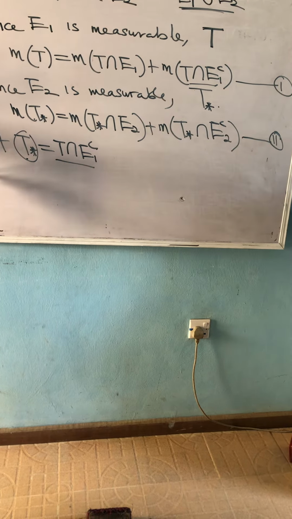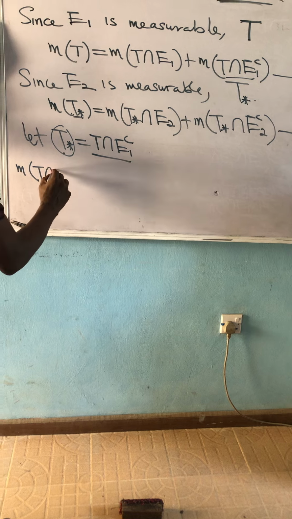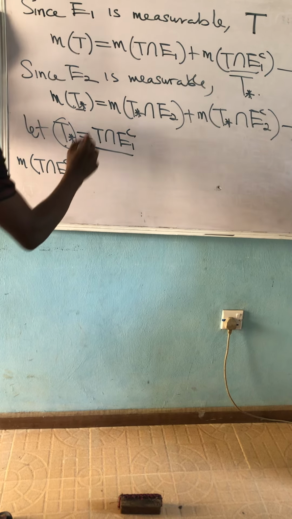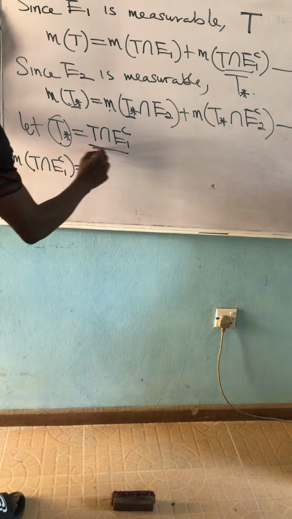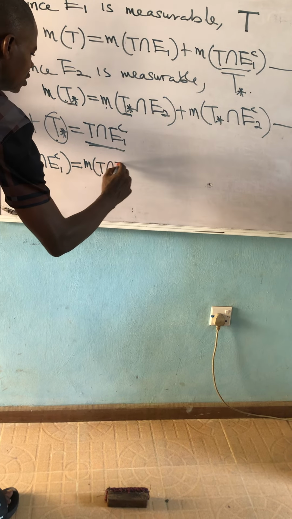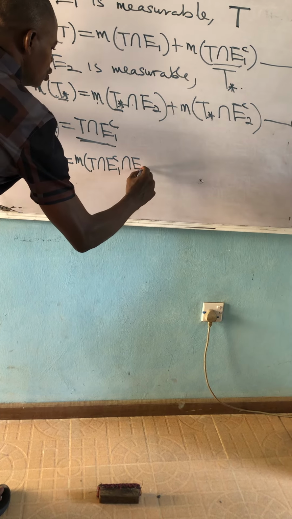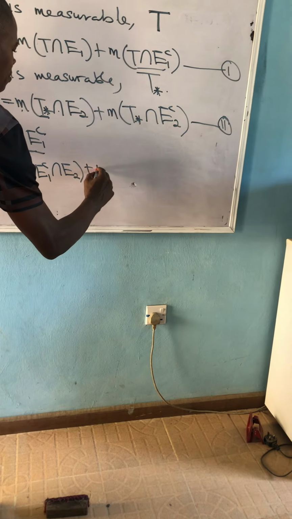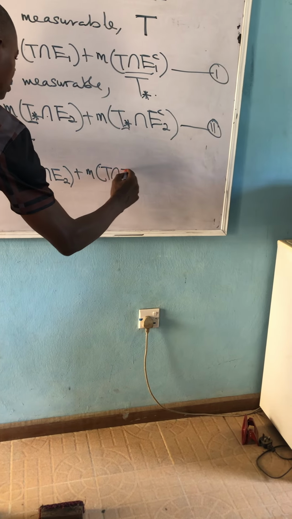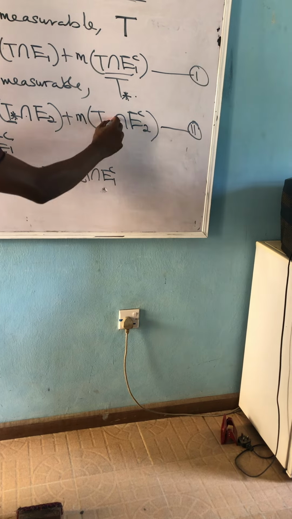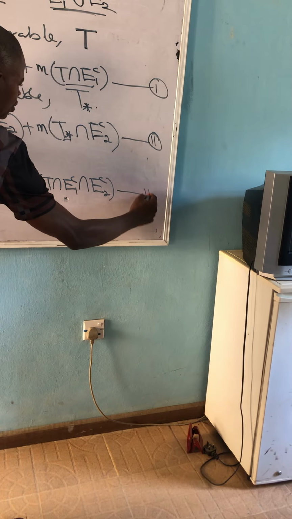So I have the measure of T intersection E1 complement equals the measure of T intersection E1 complement intersection E2, plus the measure of T intersection E1 complement intersection E2 complement. I call this 3.